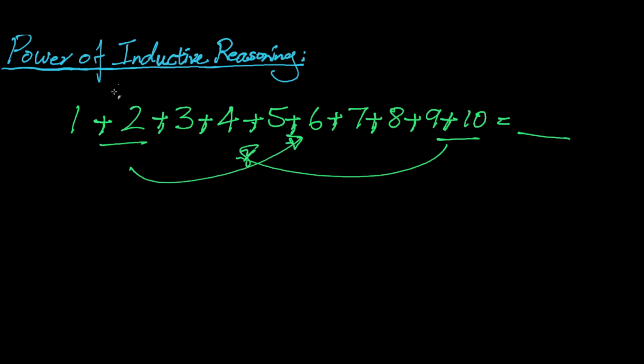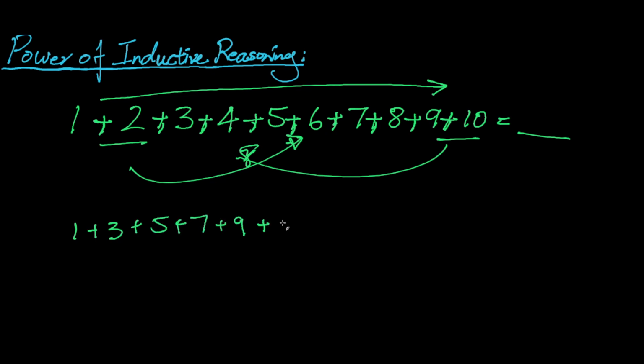We don't have to add them in numerical order. We could add maybe all the odds first, and then all the evens. Pause the video right here to see if you can find an easier way to add all the numbers together and simplify this.